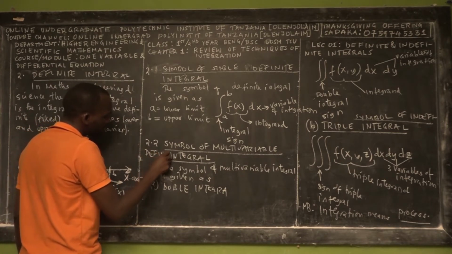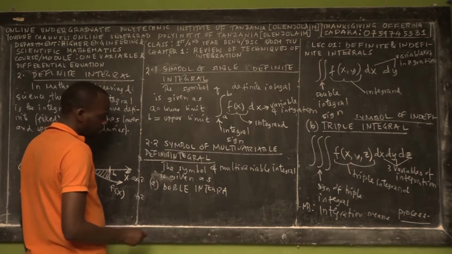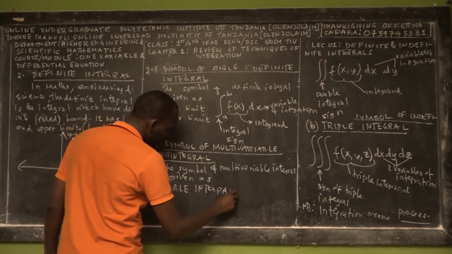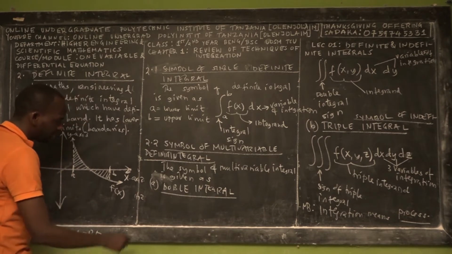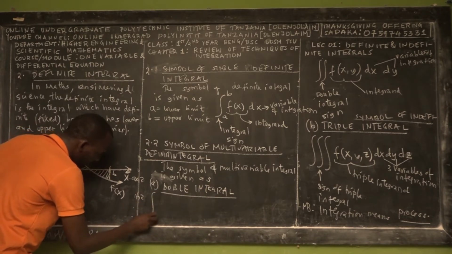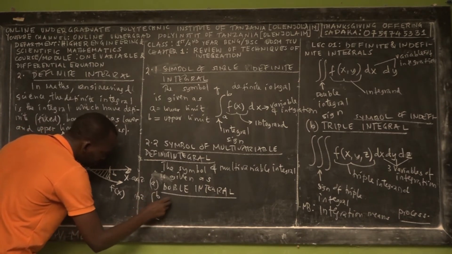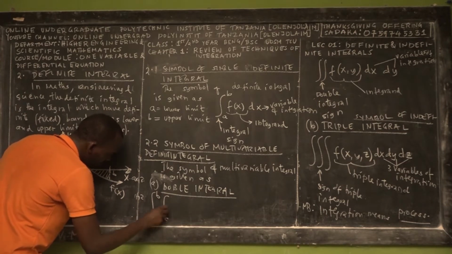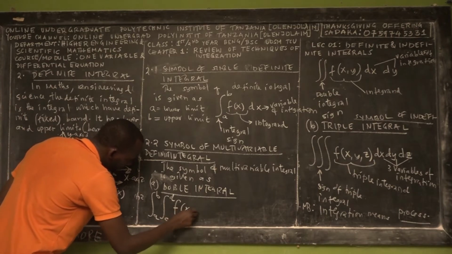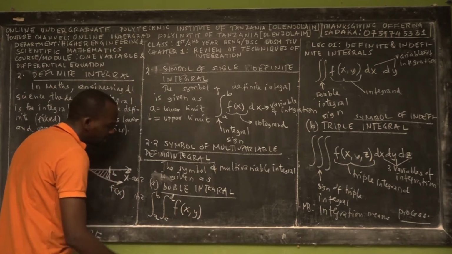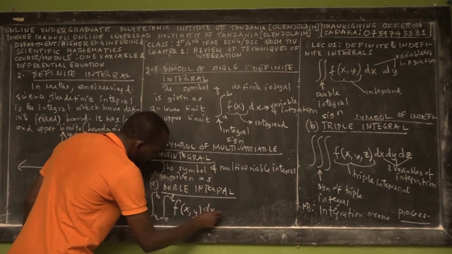So for the double integral, we say that we have integration from A to B, then you have integration from C to D, then you have a function which has two independent variables x comma y, and then here we have dx dy.